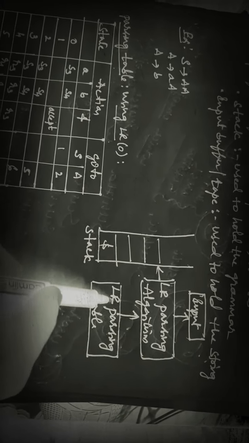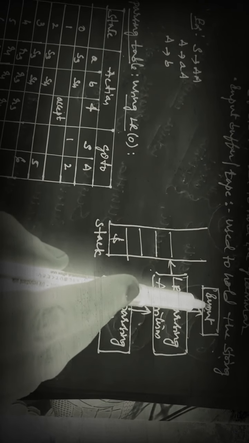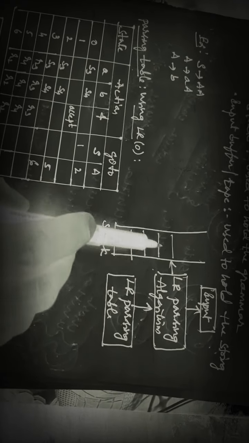After constructing the parsing table, whatever string we have generated from the grammar, we put the input string into this input tape, and the grammar's left side variables will be taken into the stack. That is how it performs.